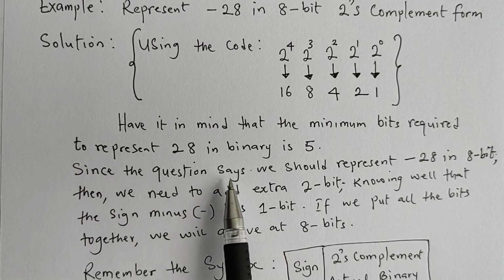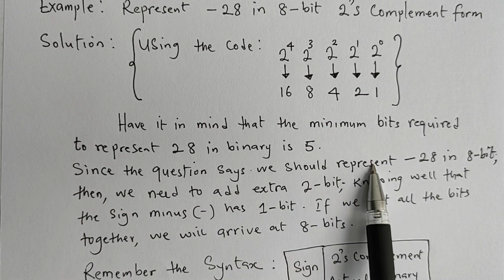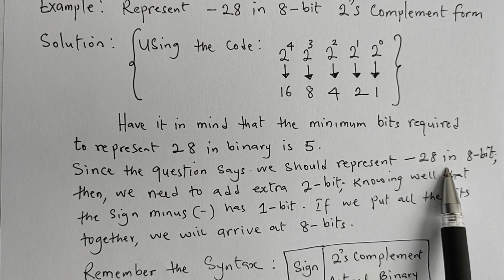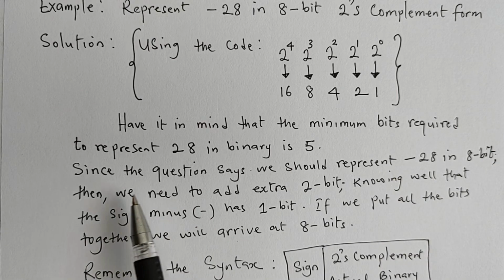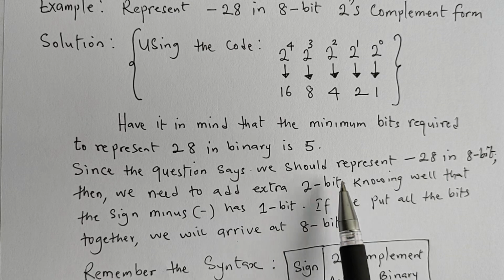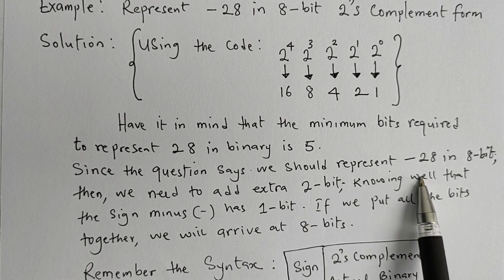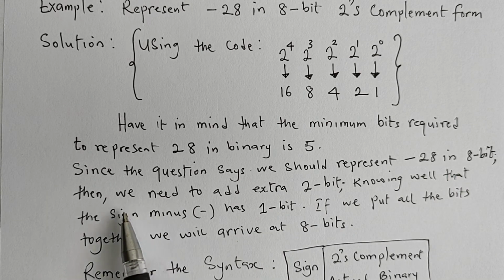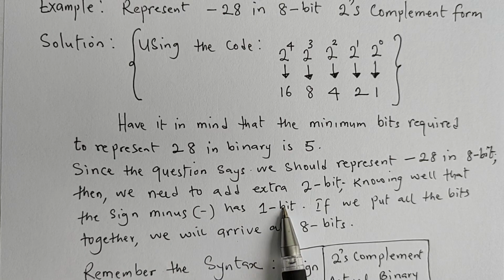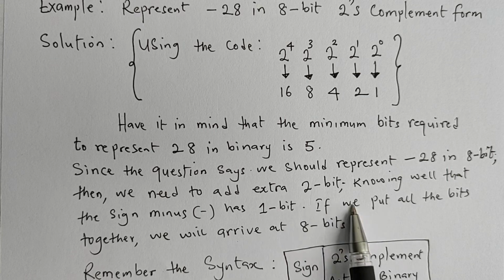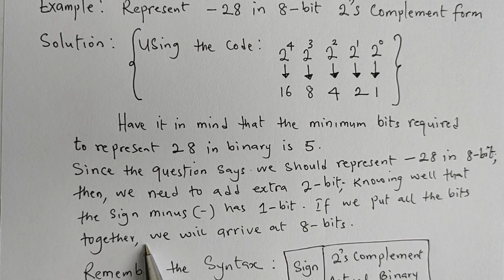Now since the question says we should represent minus 28 in 8 bits, we need to add extra bits, knowing well that the sign bit for minus takes 1 bit. If we put all the bits together, we arrive at 8 bits. This is the simple logic.